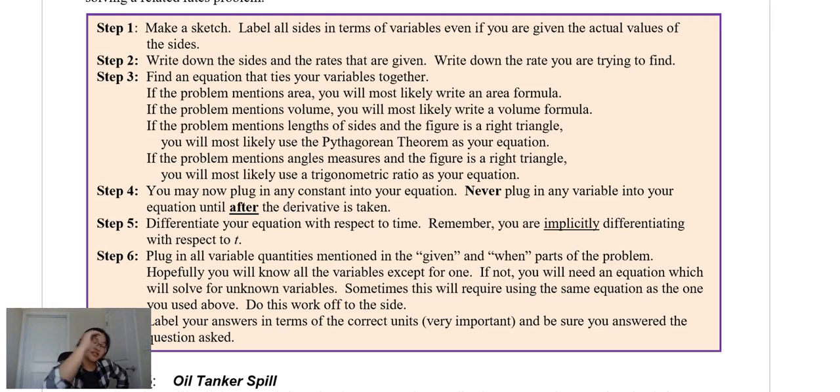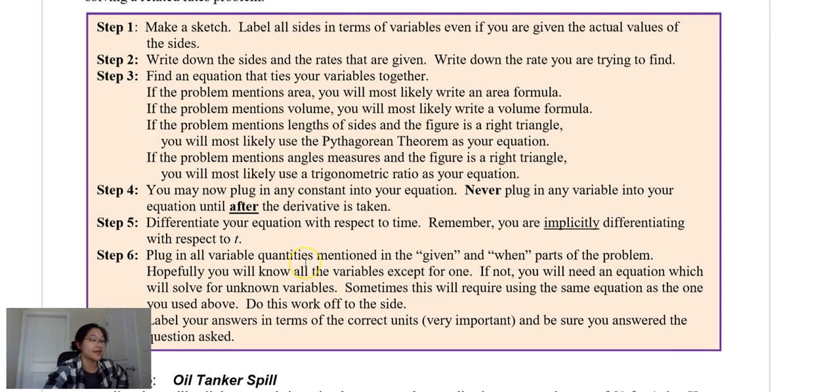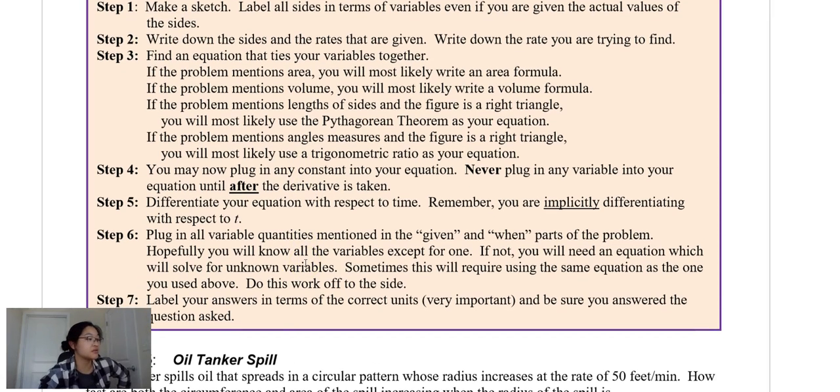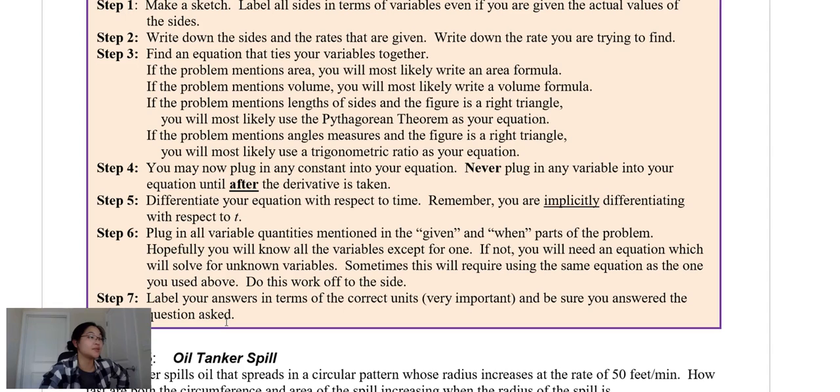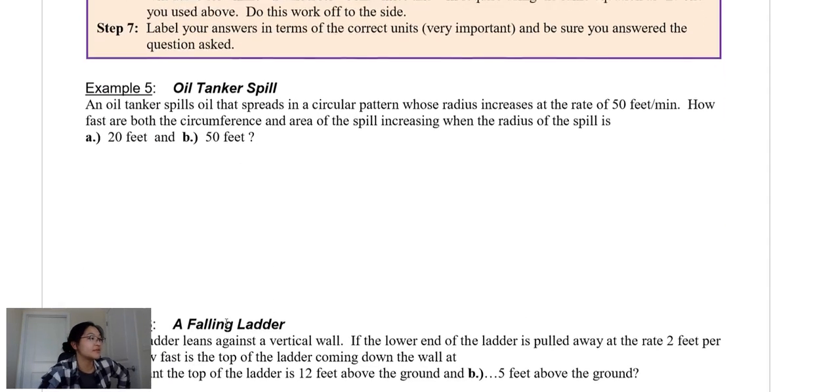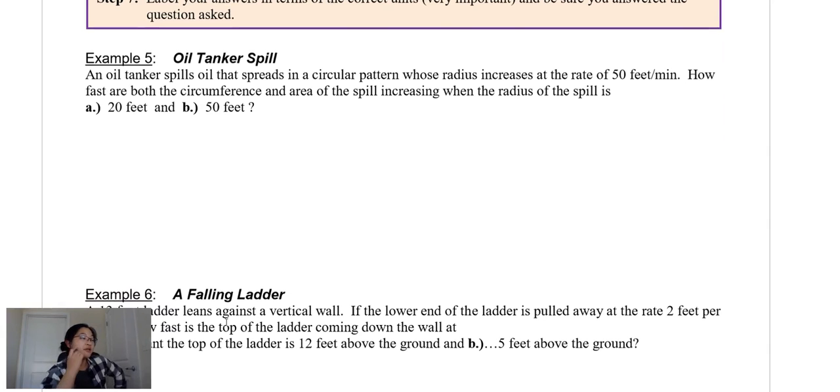Take your formula, take the derivative with respect to time, plug in what you know, figure it out, and find the units, make sure that your units match. That is the goal. Step 1, draw a picture. Step 2, write down what you know, differentiate with respect to time, plug in what you know, solve with algebra.